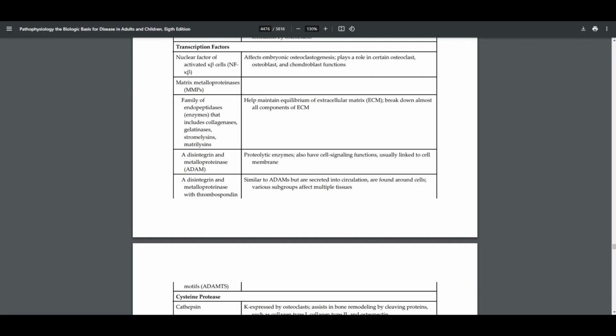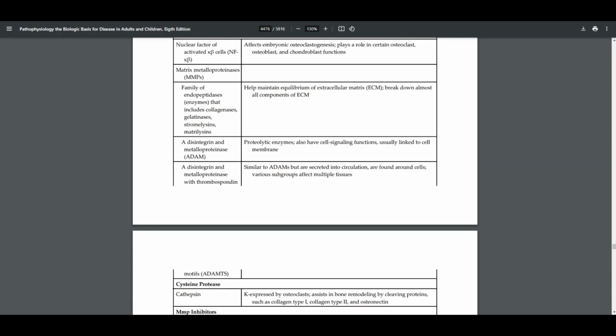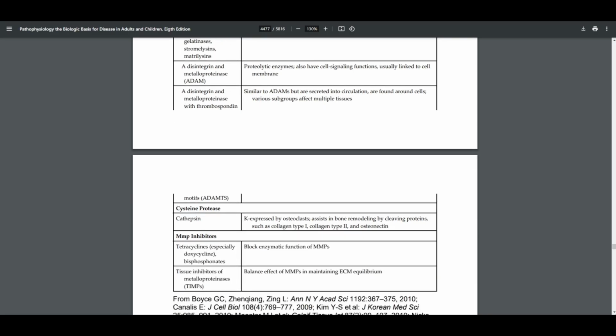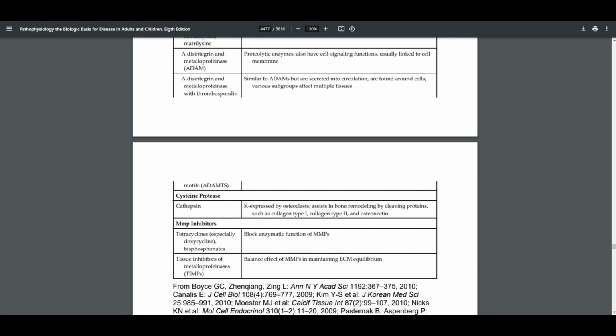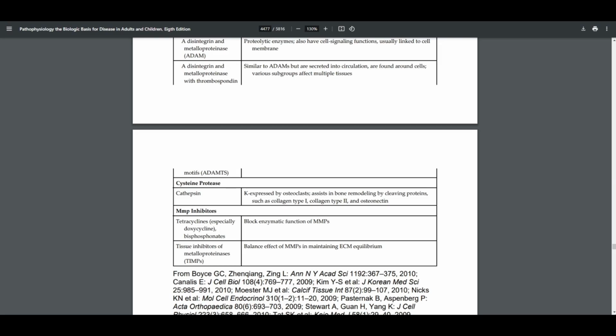Your matrix metalloproteinases, a family of endopeptidases that include collagenases, gelatinases, stromelysins, and matrilysins; a disintegrin and metalloproteinases with thrombospondin motifs; your cysteine protease, your cathepsin; your MMP inhibitors, your tetracyclines, and your tissue inhibitor of metalloproteinases.